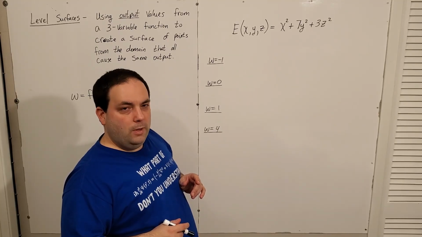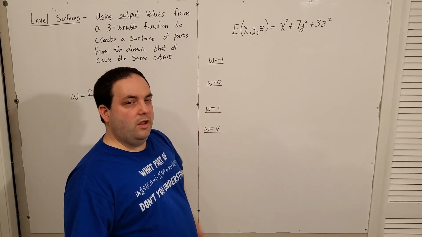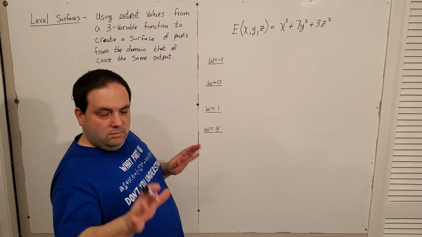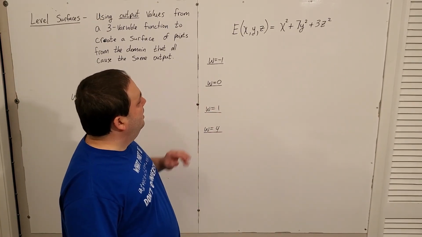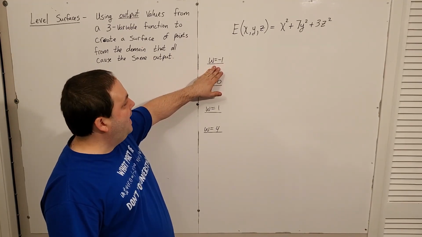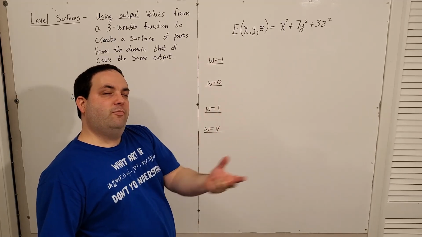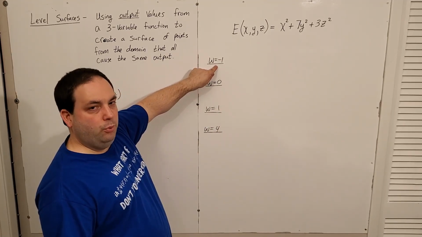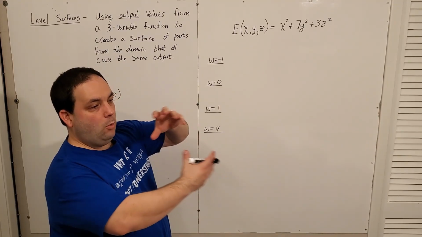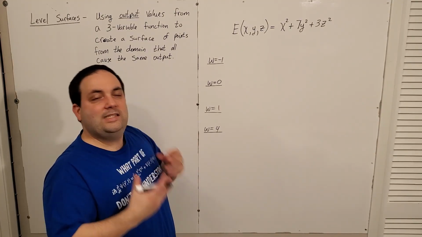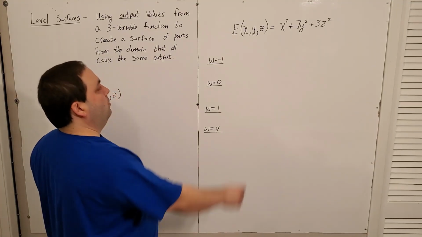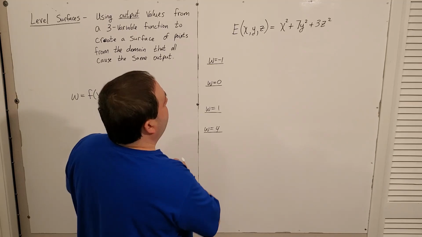You have to have a pretty creative mind to imagine what a 4-dimensional shape would look like. Okay? So let's talk about it in terms of energy levels. Every time I input a number for the output, I'm asking the question, what collection of points all have this same output? And I'll have an entire surface of points that will all share that same level of output. Okay? So W equals -1.